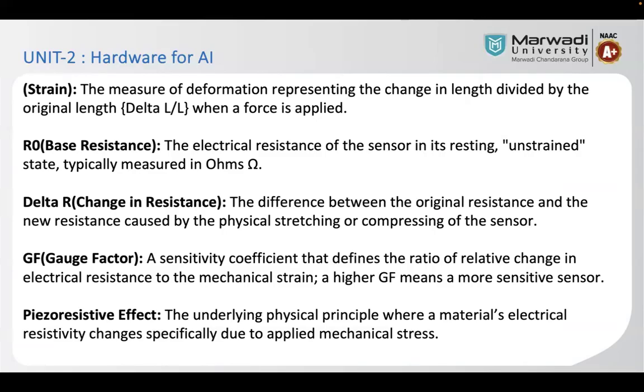Then the gauge factor, which is a sensitive coefficient that defines the ratio of relative change in electrical resistance to the mechanical strain. The significance of gauge factor is that the higher the gauge factor, the more sensitive is the sensor.